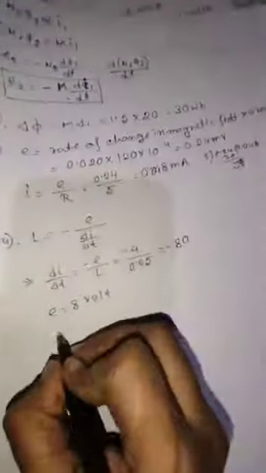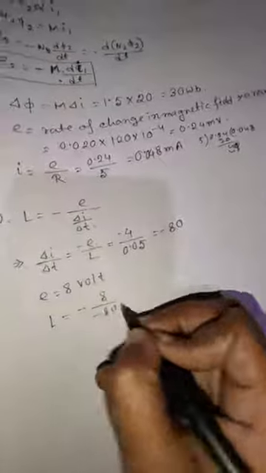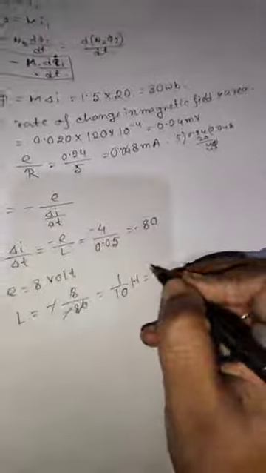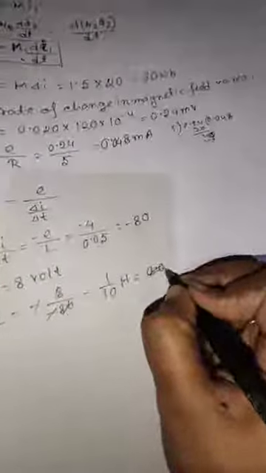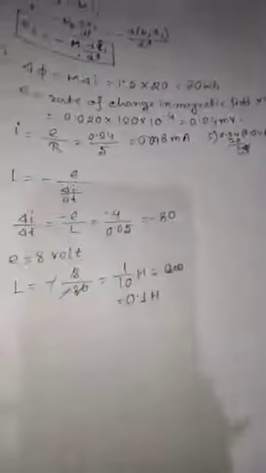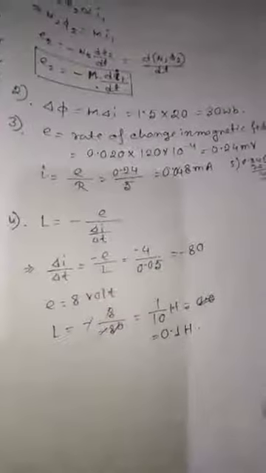So therefore L equals minus 8 by minus 80, that is 1 by 10 Henry, that is basically 0.1 Henry. So this will be the answer for question number 4, 0.1, option B.